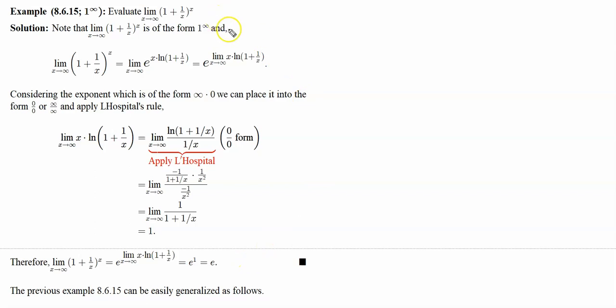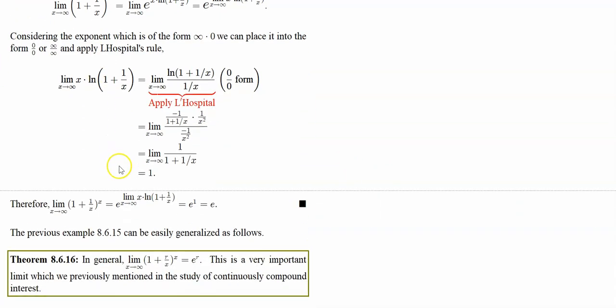Now this limit that we just evaluated right here, we found that this was equal to e to the 1 power. This limit can be generalized as follows, and this is a pretty important limit. So right here is the statement that, in general, the limit as x approaches infinity of 1 plus r over x to the x power is equal to e to the r power.